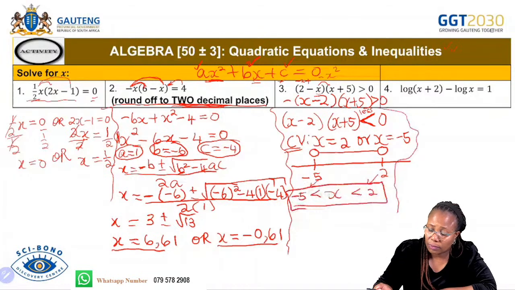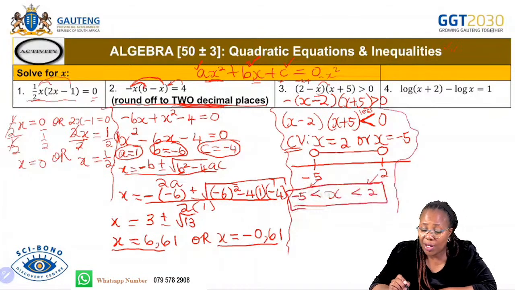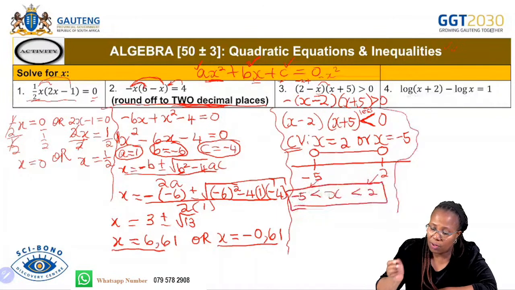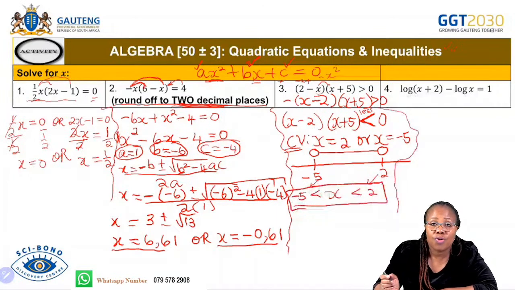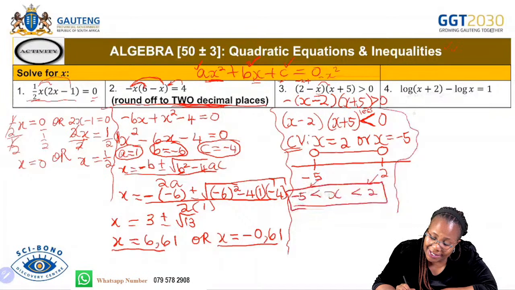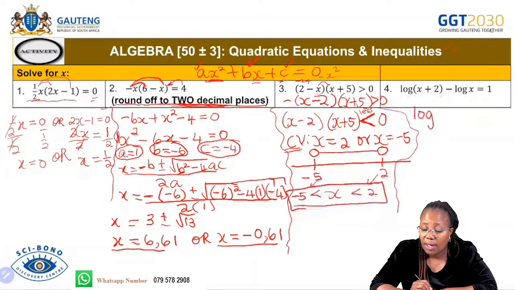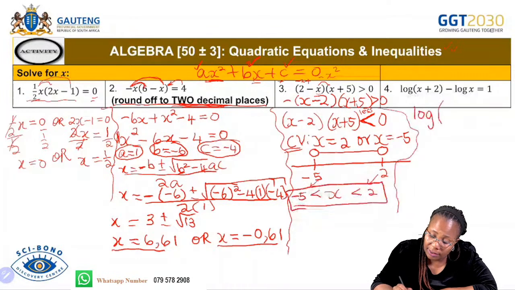Now, since we are subtracting the logs here, remember the rule states that if you are subtracting, you divide, right? So we are applying that log rule now. You will write it as a single log, yes. And then now bracket.